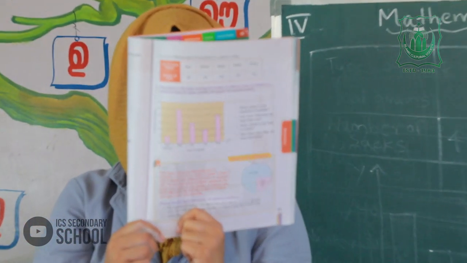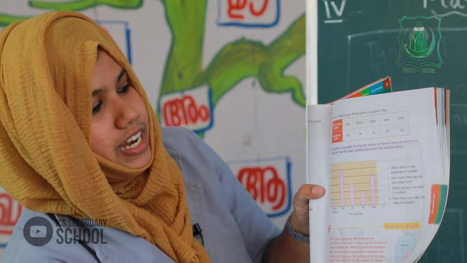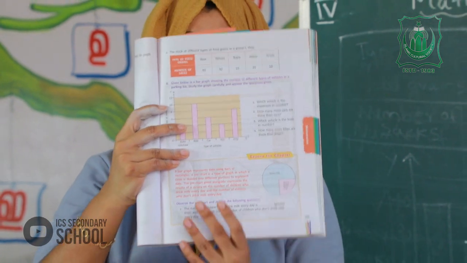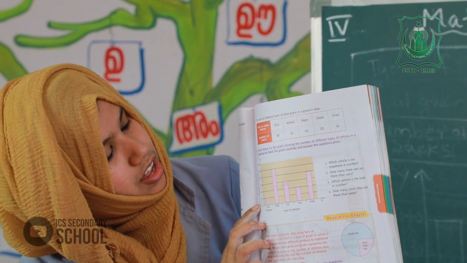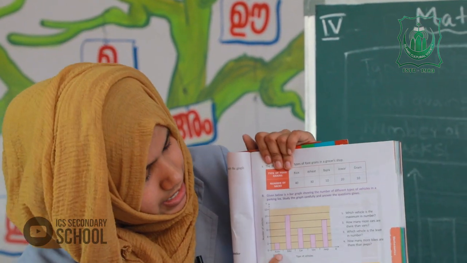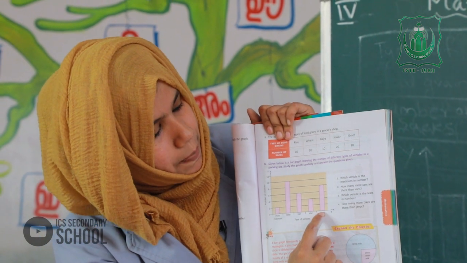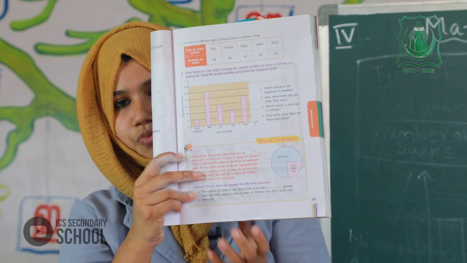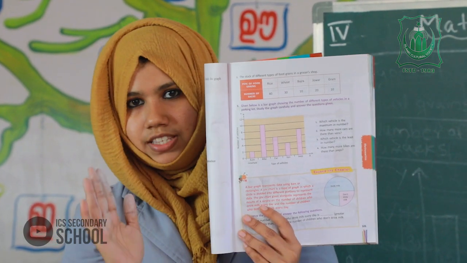Page number 101, and this is showing the different types of vehicles and their number also. So here auto, bike, car, van and jeep are there and their number. In x axis the types of vehicles and y axis the number of vehicles. Okay, is it clear that?